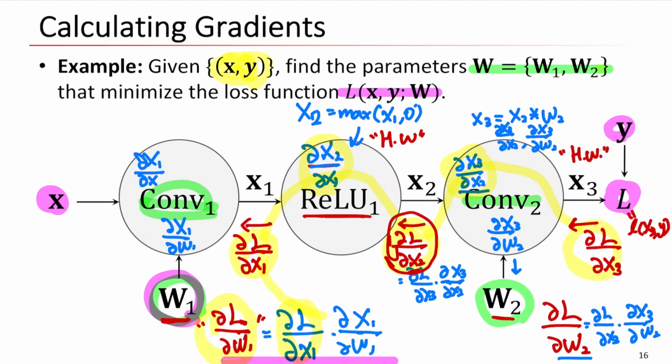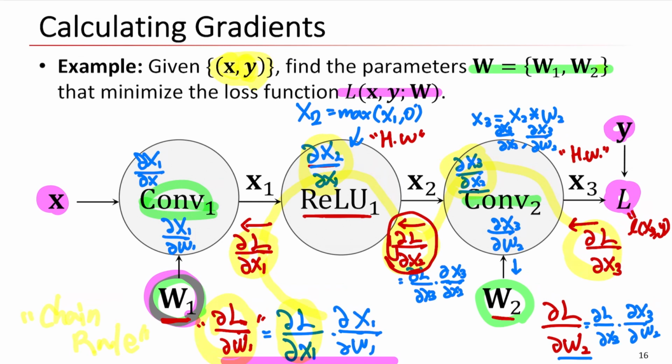This is why this computation is called the chain rule. So this is the overall procedure to train the deep convolutional network.